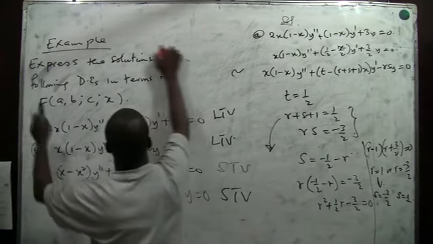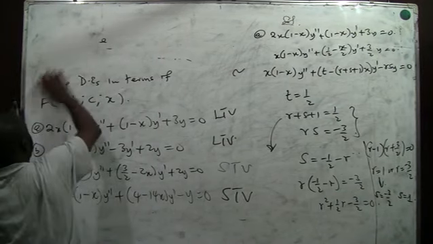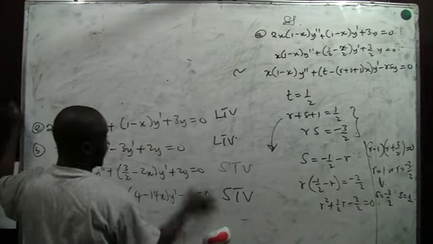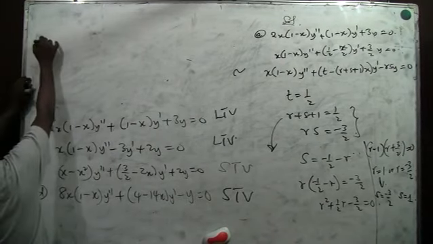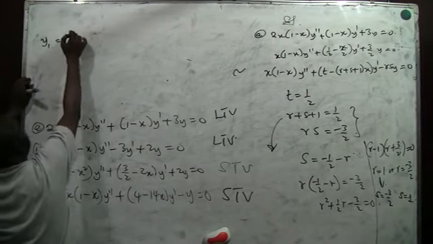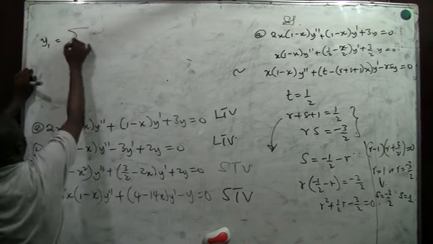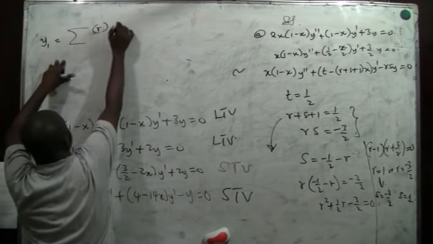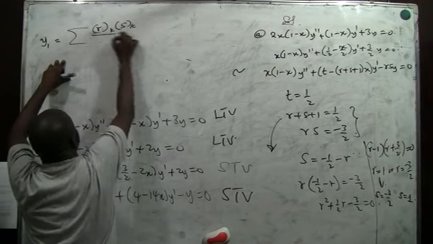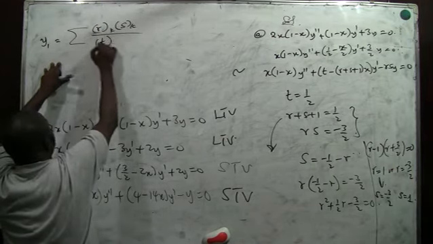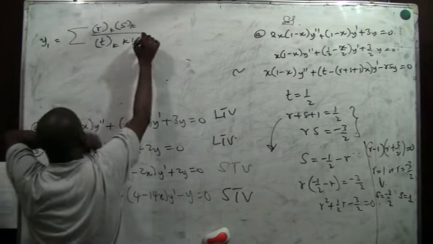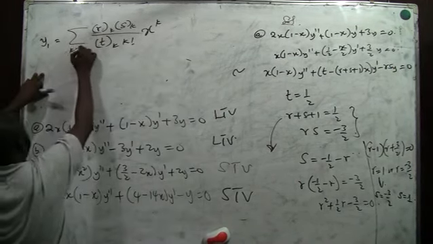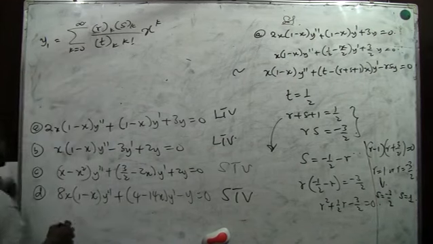So therefore, the first solution, our y1, which is the summation of R sub k S sub k divided by T sub k, k from 0 to infinity.